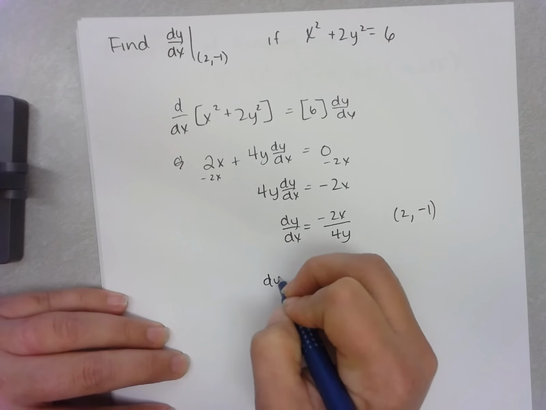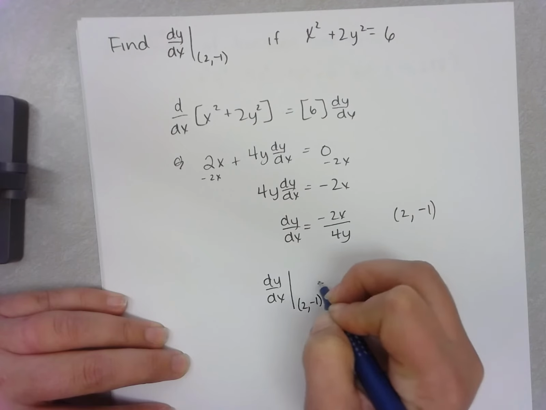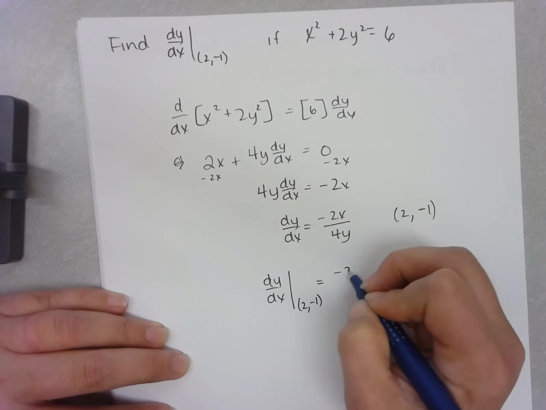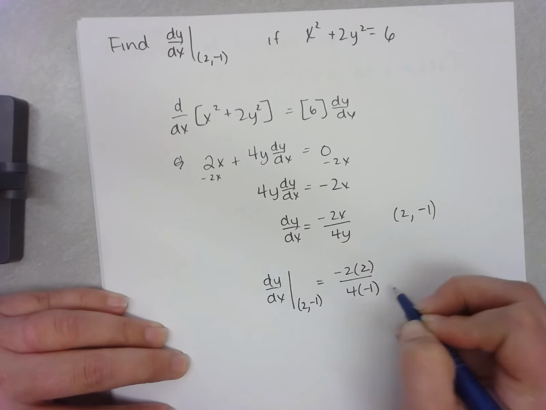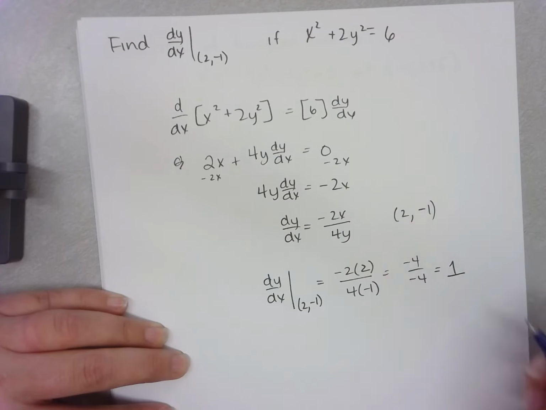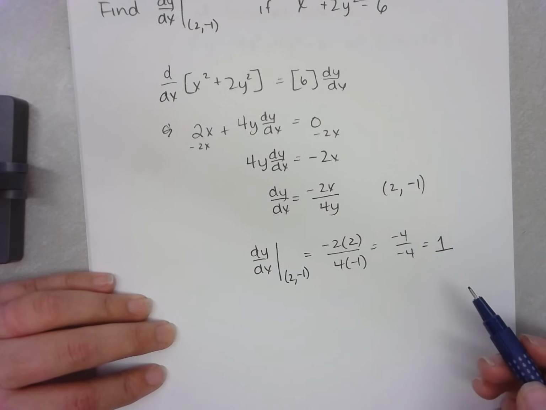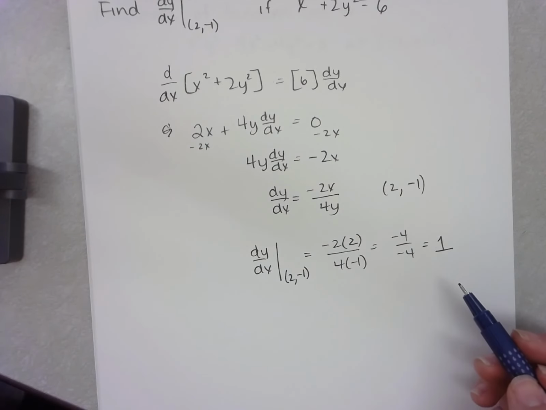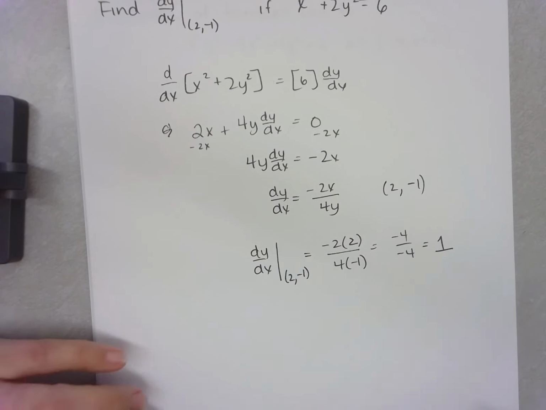So dy/dx at (2, -1) is equal to -2 times 2, my x value, over 4 times -1. I end up with -4 over -4, which is +1. So the slope of my tangent line at the point (2, -1) is in fact 1, or I could say the instantaneous rate of change is equal to 1. The velocity is 1 at this point.